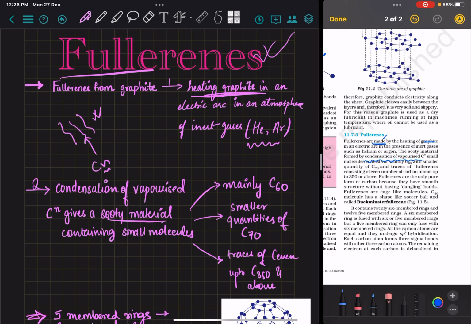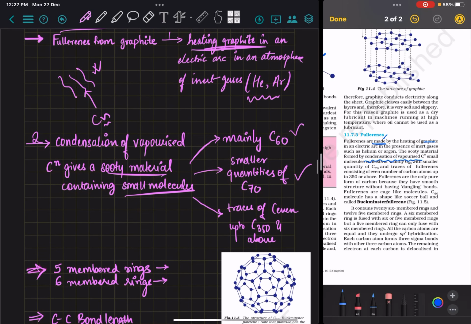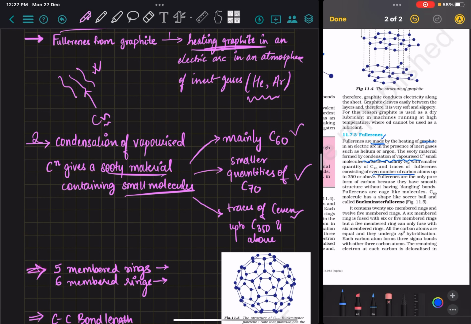After the condensation, that sooty material contains small molecules of mainly C60, smaller quantities of C70, and even smaller traces of C-even, meaning an even number of carbon atoms that could be up to 350 or above.